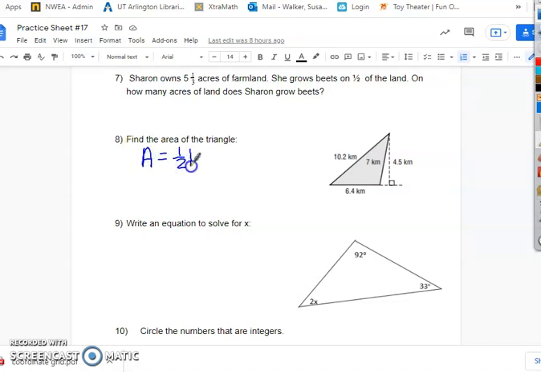And guys, normally when we do this, I take half of a number and then I divide by 2. I can do that this time, but it might not be as easy for some of you. So half, the base is 6.4. Now the height might confuse some of you. The height is 4.5, guys, because it has to be where that right angle is. Okay? So my height is 4.5.